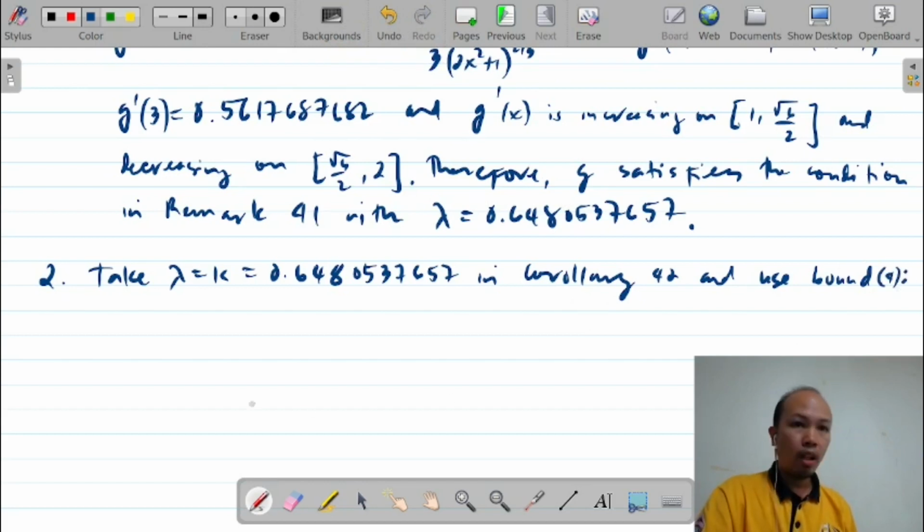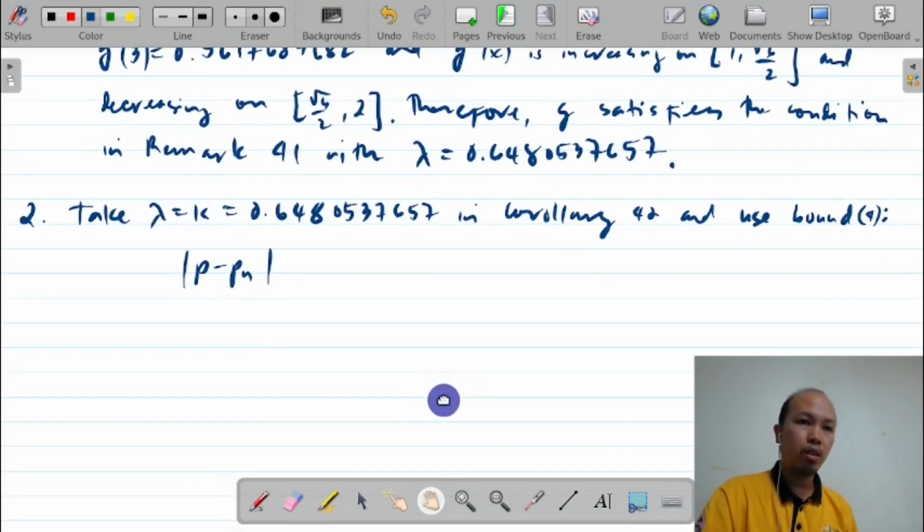Okay, our bound number 4 is, if you want to try it at home, you can use number 1 or number 2, it depends upon the given: the absolute value of p minus p sub n is less than or equal to lambda to the n.